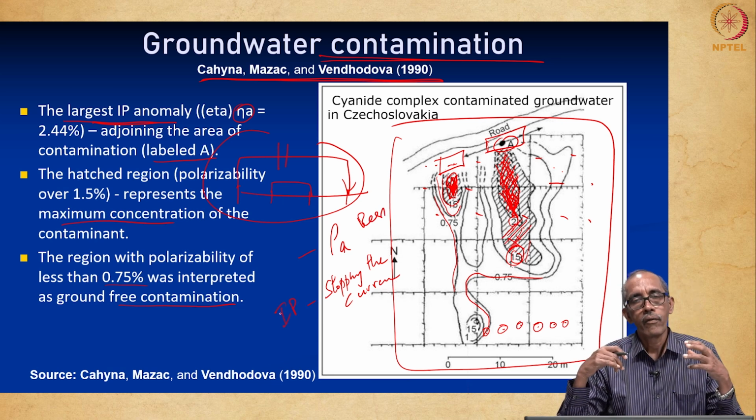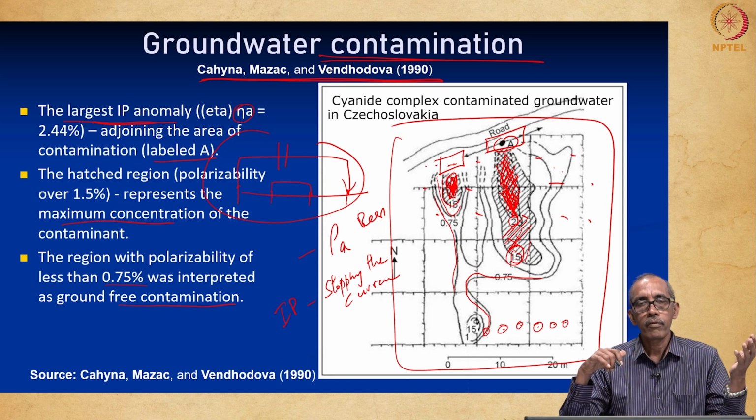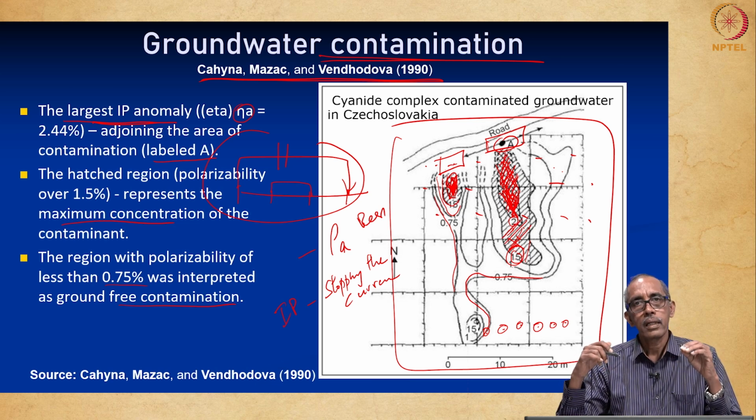So, we have seen the difference between the IP method and the resistivity method, and then we also looked into the theory behind induced polarization, right? How the earth is provoked by the application of current, why the earth is made to remain charged, because of the fluid that is present in the earth.